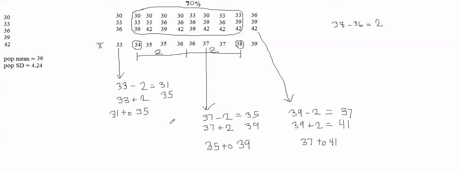So these are all 80% confidence intervals because they were all created by adding and subtracting the 80% margin of error, which was 2.